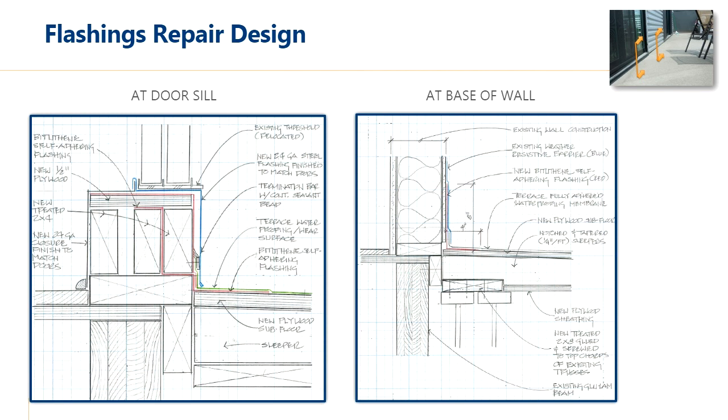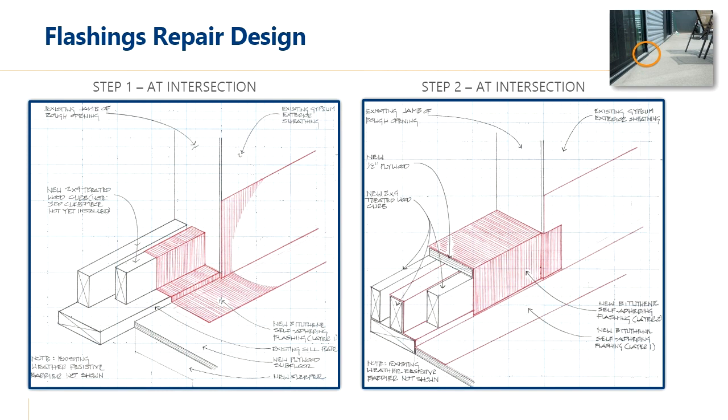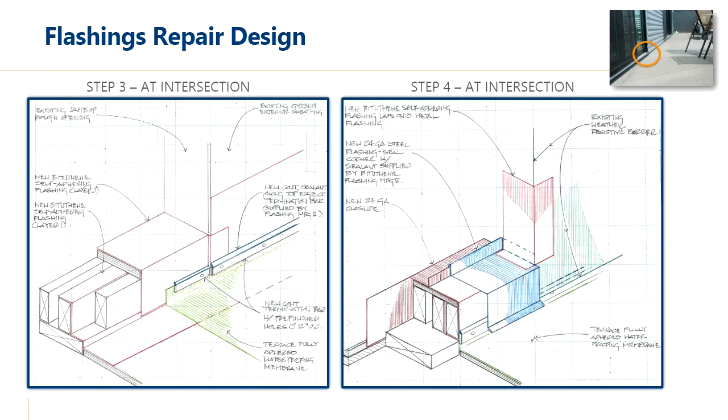But we also wanted to showcase what to do where those things meet, considering the new substrate conditions. To do that, we also included stepped flashings, so you could see how different portions of the flashings progressed and the redundancies that we wanted to create in the system. So no matter where water got in, it was able to get out.